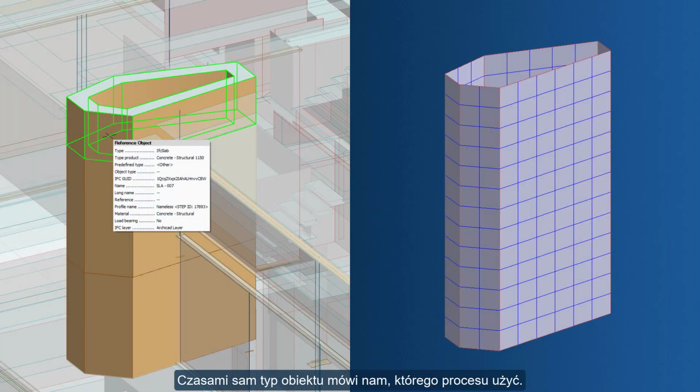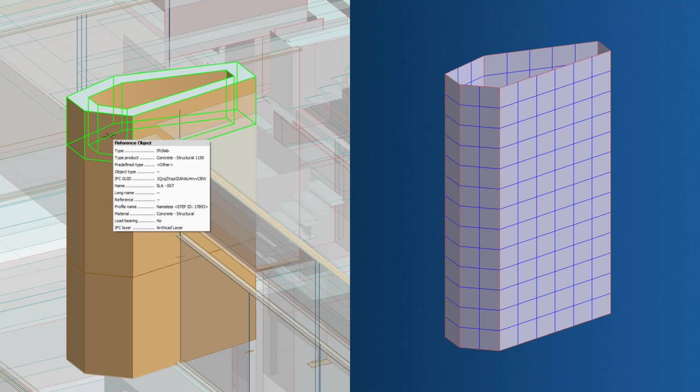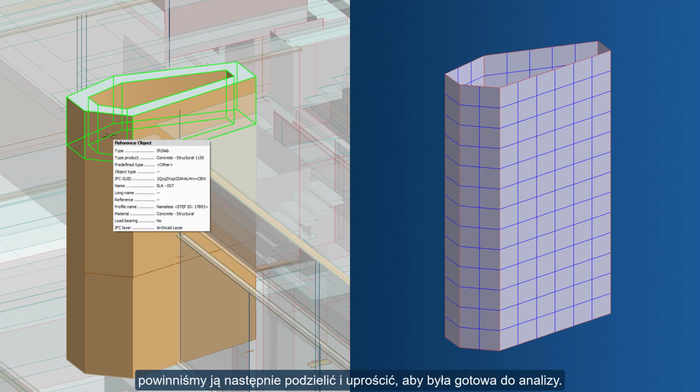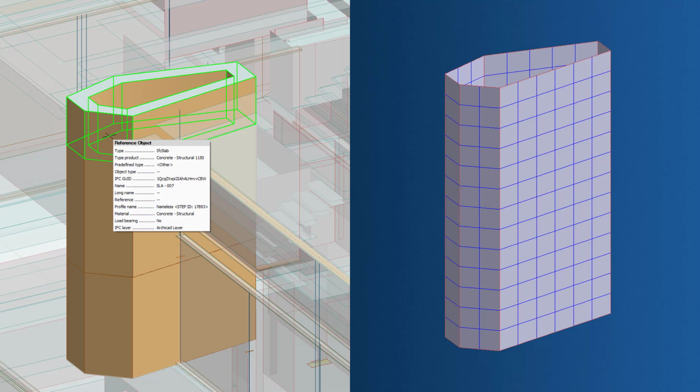Sometimes the object type itself tells us which workflow to use. For example, complex physical geometry should come through IFC, not through the add-in. In FEM-Design, we should then split and simplify it to make it ready for analysis.